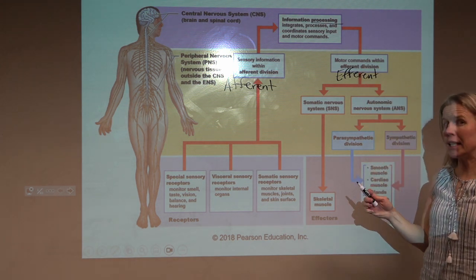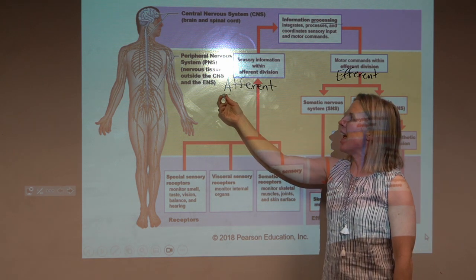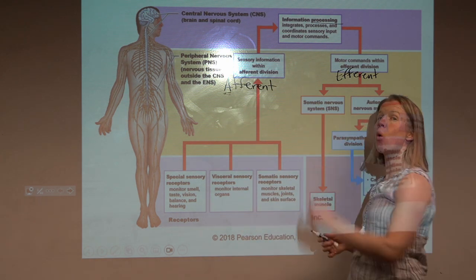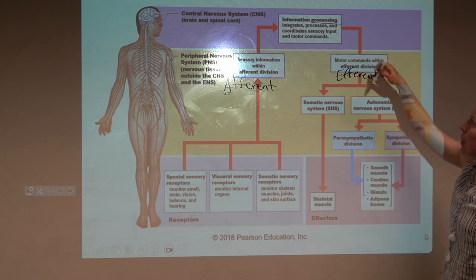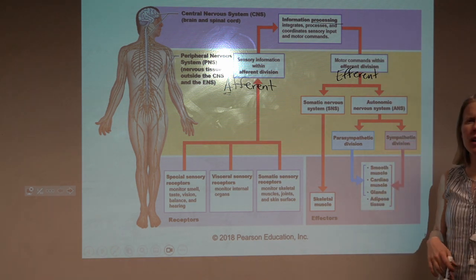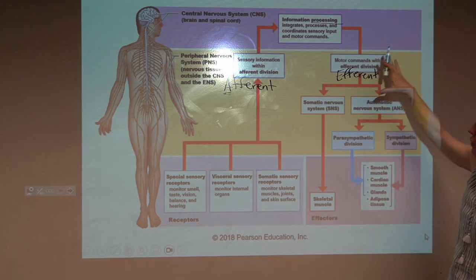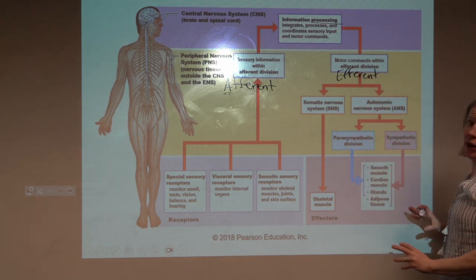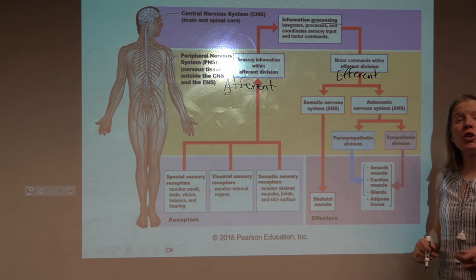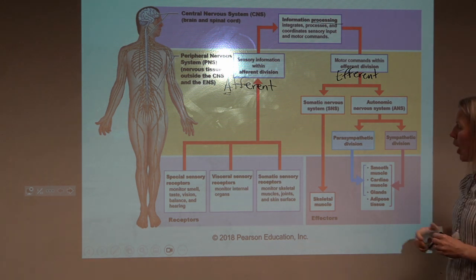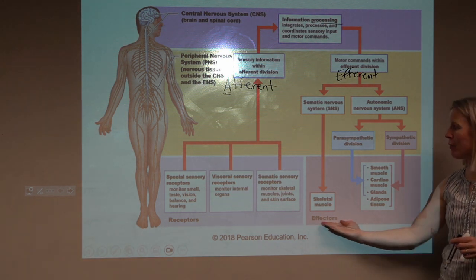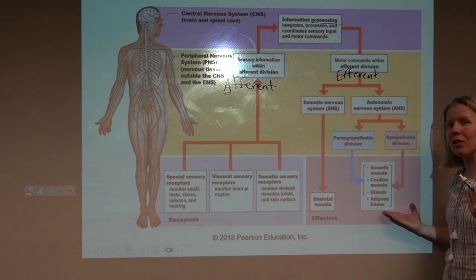You'll see these terms again in AMP2. Afferent, right, is going towards the central nervous system. Efferent, maybe exiting is a better word than away, exiting the central nervous system, right? And this is the branch of the nervous system that's going to be telling the body how to respond. So we see the effectors down here. This is the response.